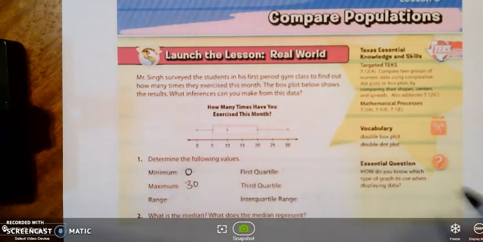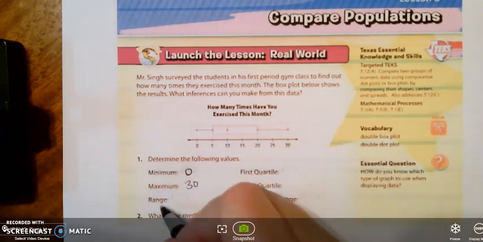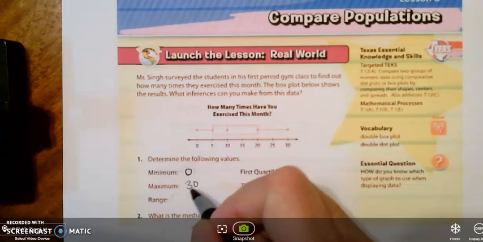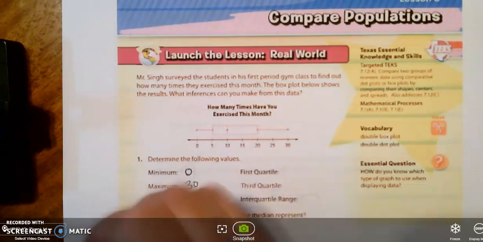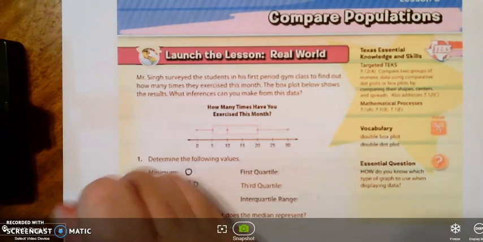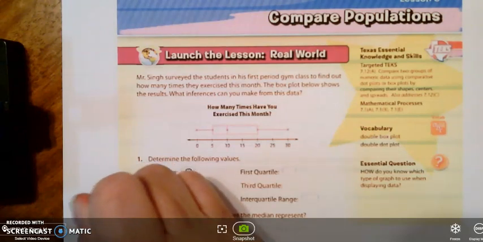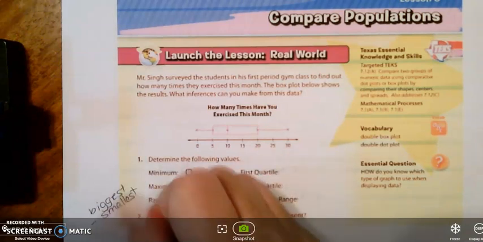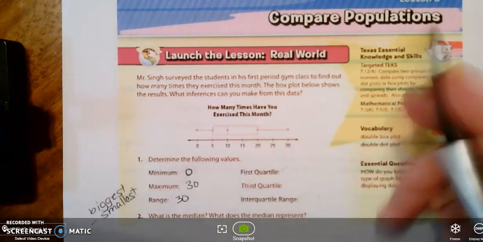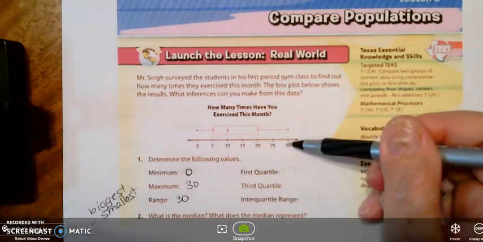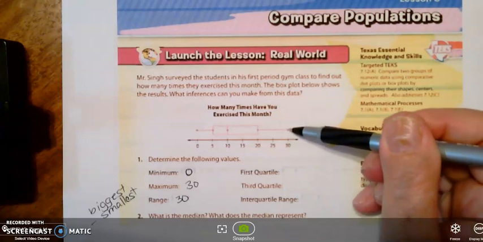Okay. And then we also have something called the range. Your range is your biggest minus smallest. Okay. So 30 take away 0, which is 30. Now I'm not subtracting it because of this number. I'm subtracting it because of this dot.